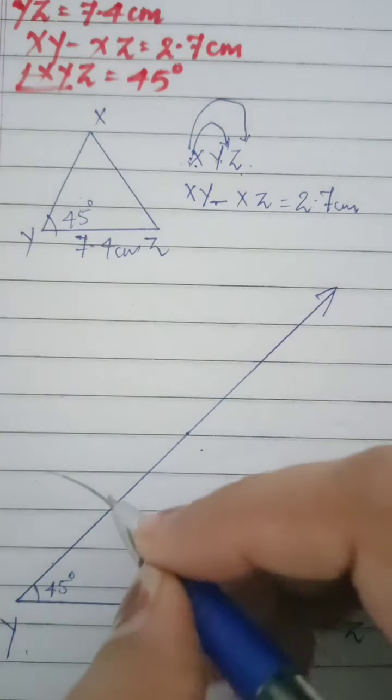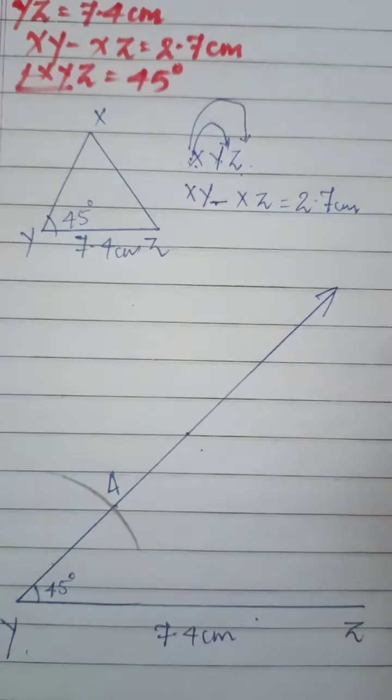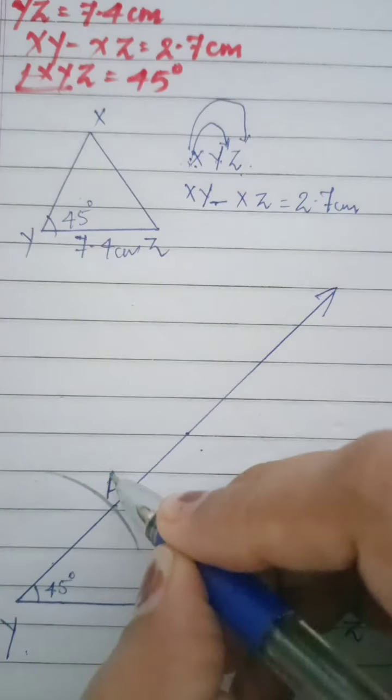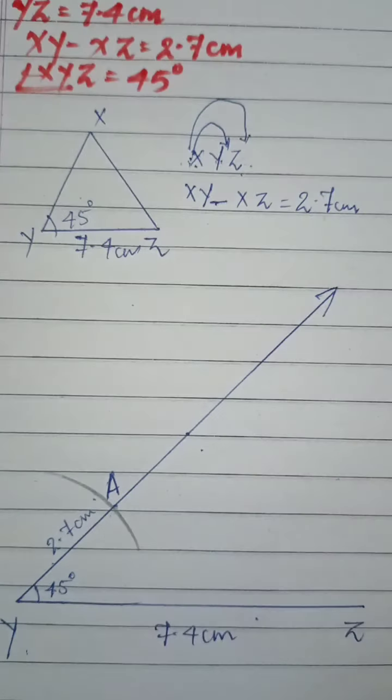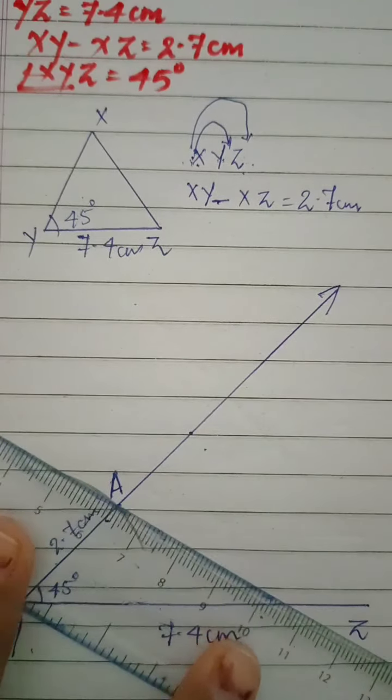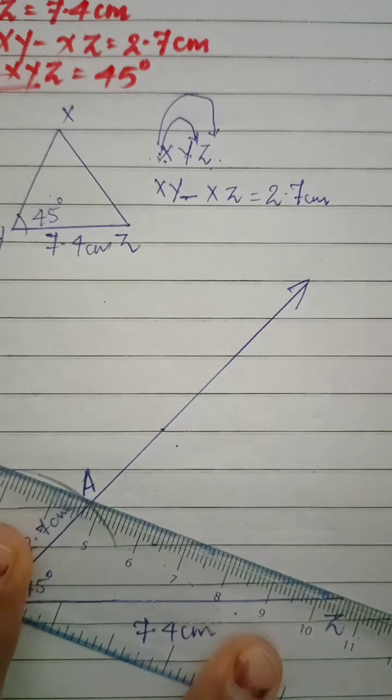Let me take this point as A. So this point A, YA is 2.7 centimeter that I have taken. Now I'll join A and Z. I'll get AZ.